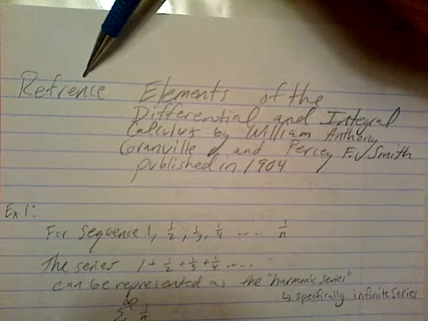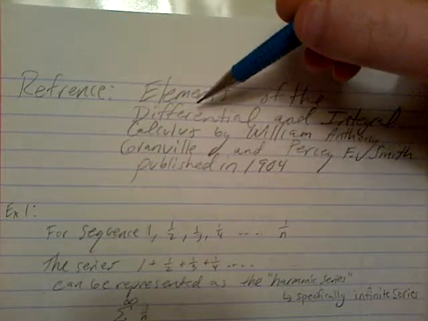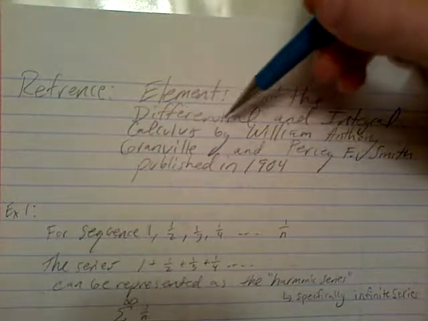So basically this is my reference: Elements of the Differential and Integral Calculus by William Anthony Granville and Percy F. Smith, published in 1904.